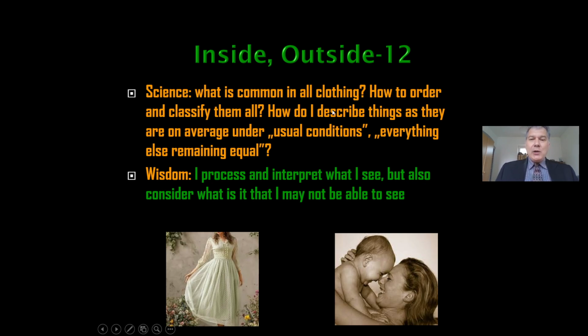How do I describe things as they are on average, under usual conditions, everything remaining equal? You are talking about the clothes, but not the essence, that is below, the deeper. I process and I interpret what I see.